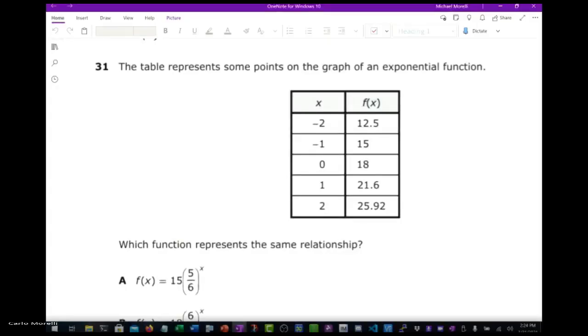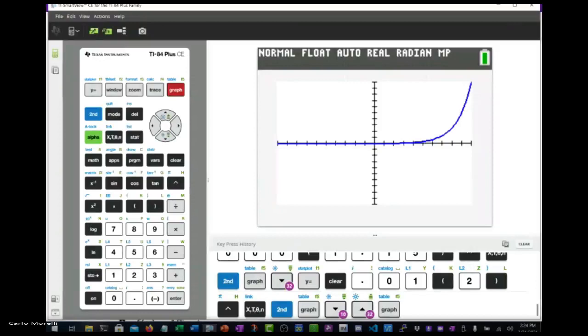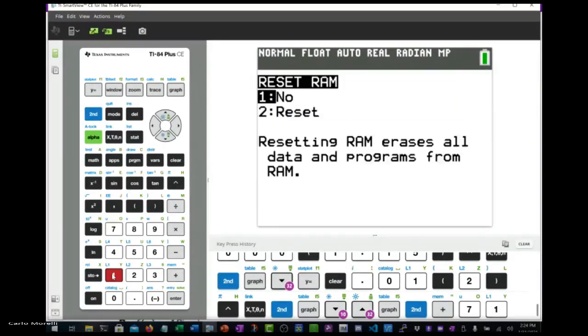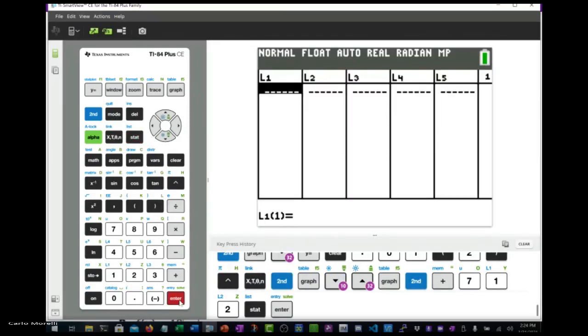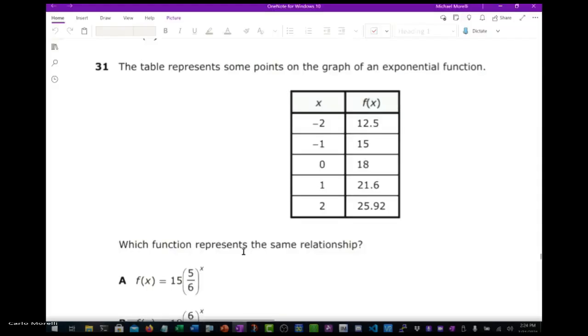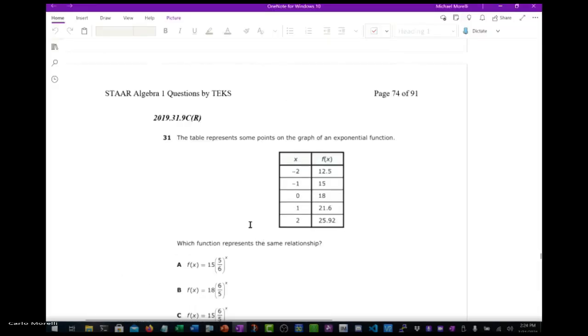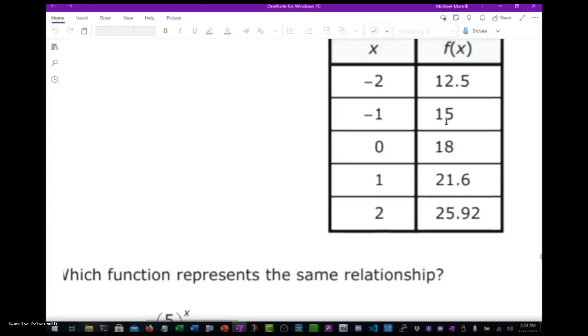Now we get to learn something cool and new and fun. You see this table? In your brain, you should be thinking stat edit. All right? So I want you to clear the memory on your calculator. 2nd, plus, 7, 1, 2. Now I want you to hit stat and enter on edit. I want everybody doing this. Now go ahead and, I don't know, what page are we on? Page 74, because I'm going to keep flashing back and forth.